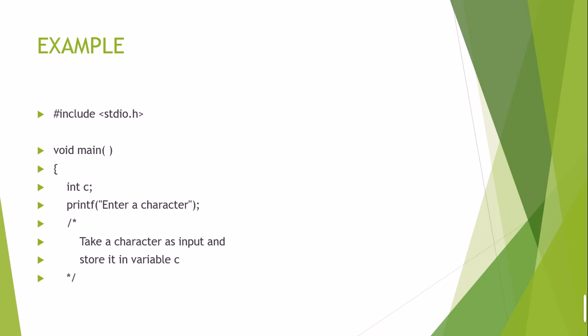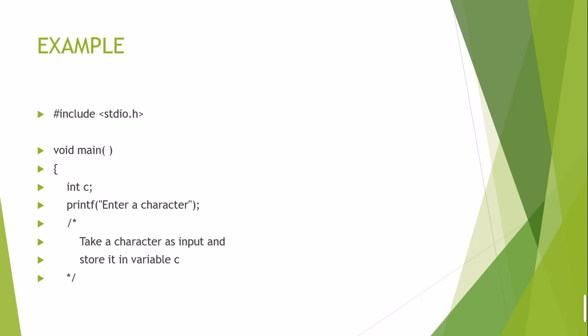So this was an example, from the third part, starting from here. It says #include <stdio.h>. This is how you write a program in C language. You have to write the program and then save it with the Ctrl+S shortcut key, then write the name of the file with .c as the extension.